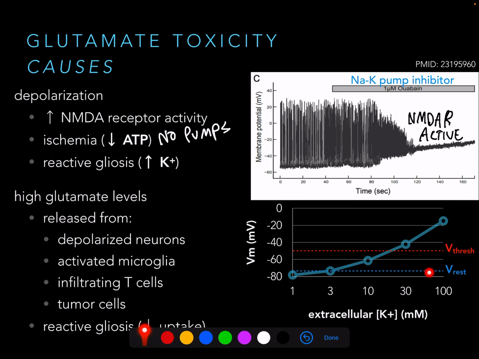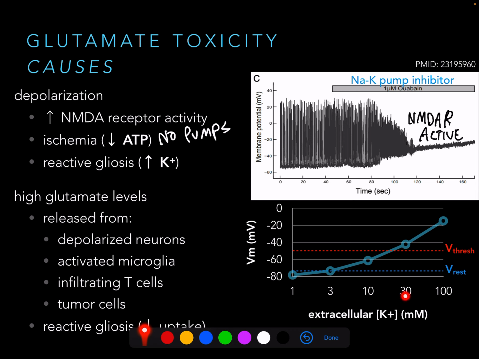Instead of looking at time on the x-axis, now I've just plotted the concentration of potassium outside the cell. This is about the physiological level, and so that's our normal resting potential. You'll notice that resting membrane potential creeps up. It depolarizes as we increase potassium concentrations. And potassium concentrations in excess of 10 millimolar certainly occur in pathological states.